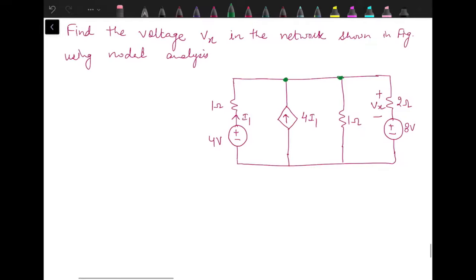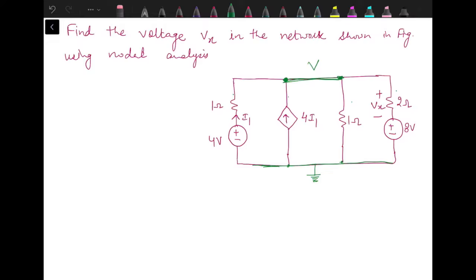So this is the first node. This whole is one node. Means on this node we have the I1 current source, 1 ohm resistance, and then 2 ohm resistance. While over here, this is again an interconnection of 4 elements. This is the second node. Let's consider this one as reference. Assign the voltage to this node as V.